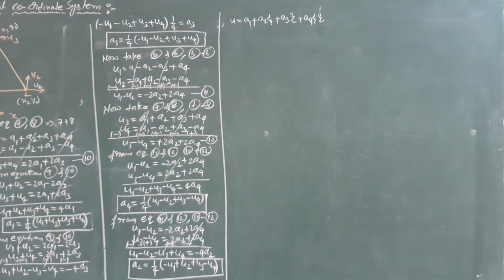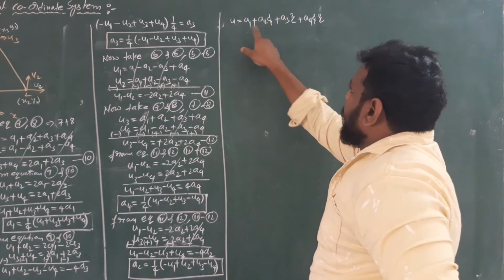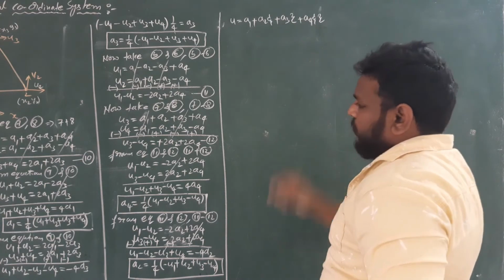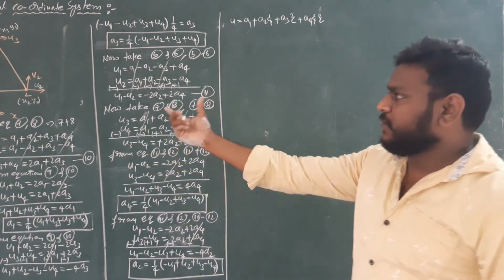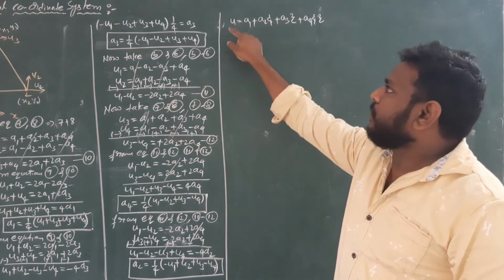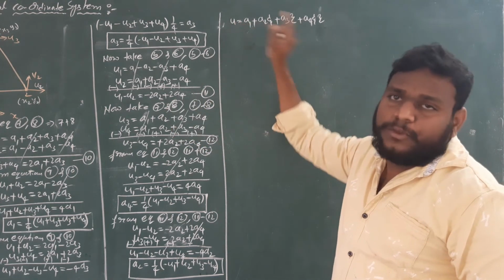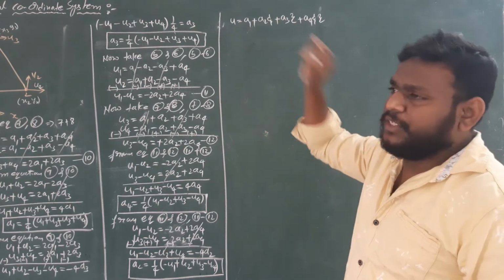Substitute all these polynomial coefficients, that is a1, a2, a3 and a4, which I have already calculated. Please substitute all those values, you will get u, that is, the interior displacements.